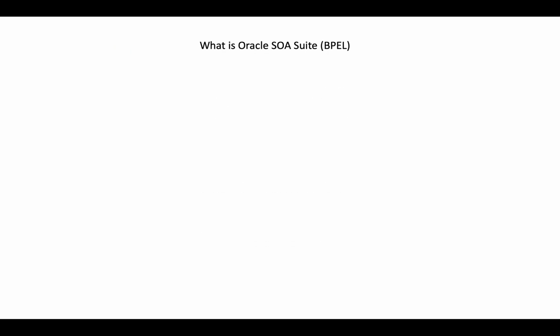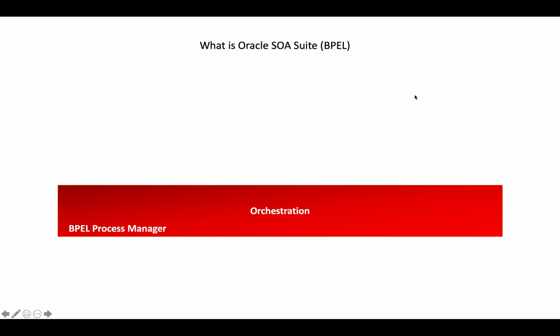Now let's talk about the workflow suite. When you're talking about Suite and SOA, it is the case of BPEL. BPEL is a process execution language, or in other words, a process manager. It is going to orchestrate the business processes.